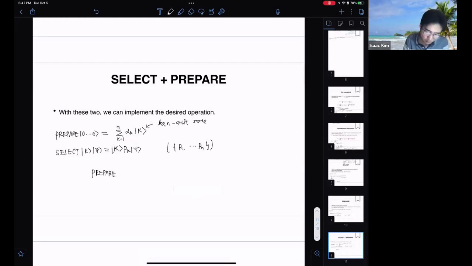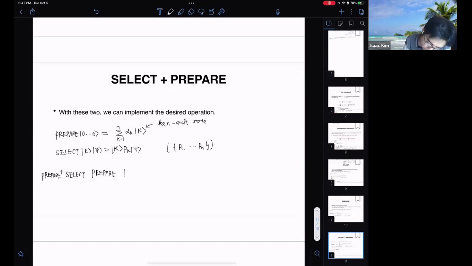Okay, so now what I'm going to do is show you how these two operations work together. So suppose we apply these operations in this sequence. You first apply prepare, then select, and then prepare dagger.